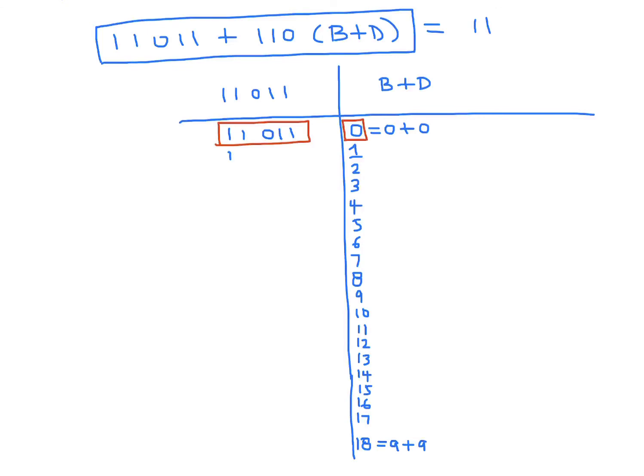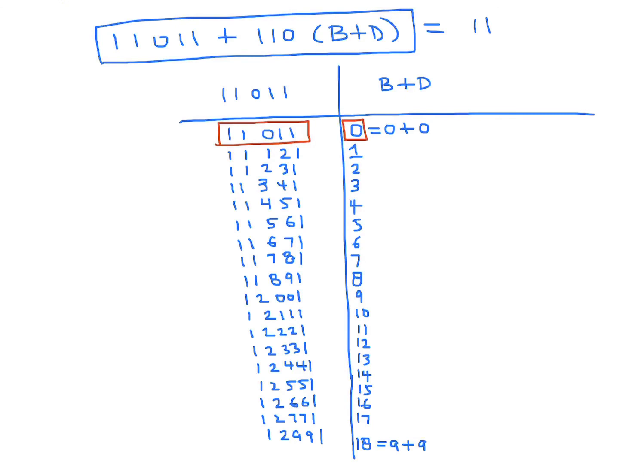So this is going to be 11121, 11131, 11231, 11341, and so on. So we got 11451, and I'll fill them all in.